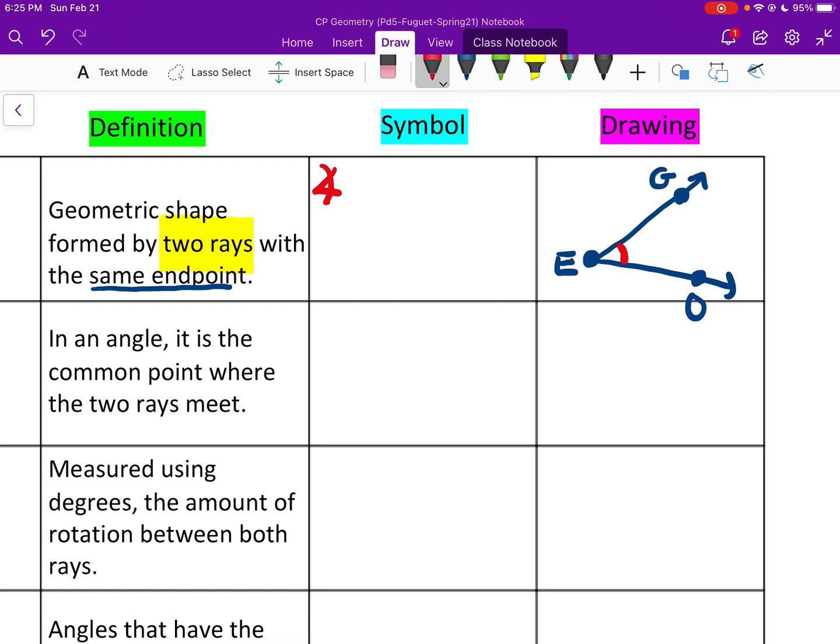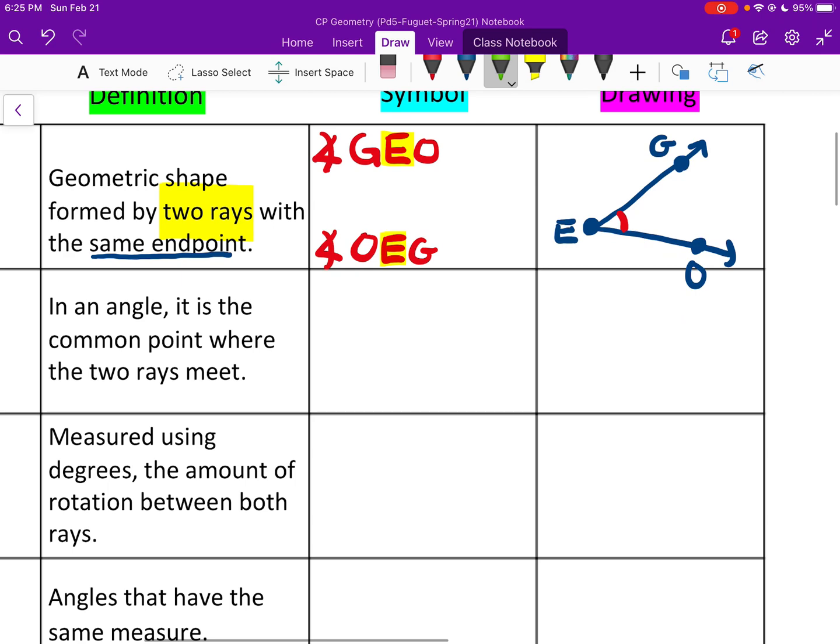We're going to say angle, and we could call this angle GEO or angle OEG. Now you guys want to think about, these are the two ways that you can name it. So what is common between those two ways? Maybe you're noticing that point E was always in the middle. That's going to be the most important thing when we're naming these.